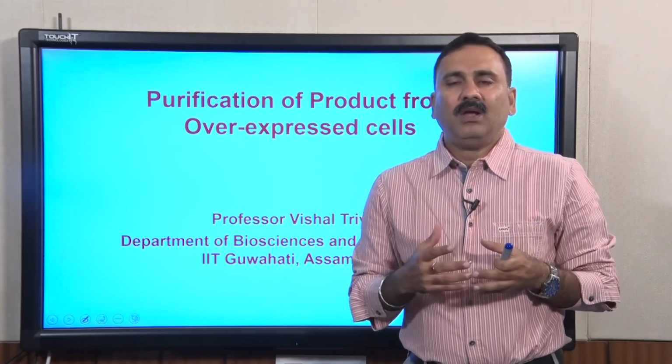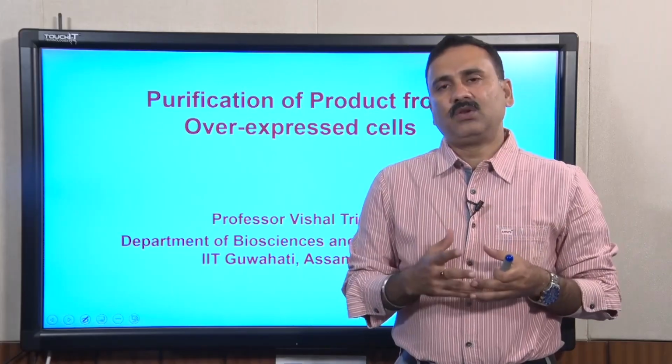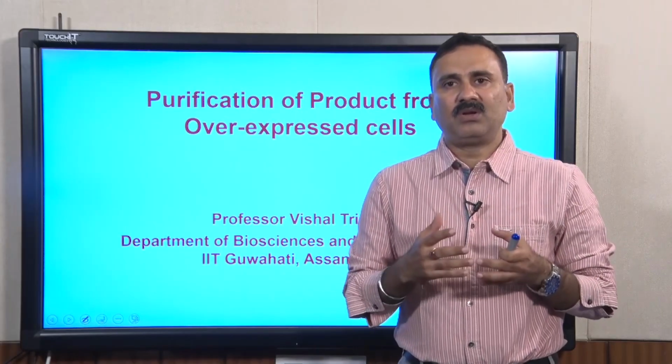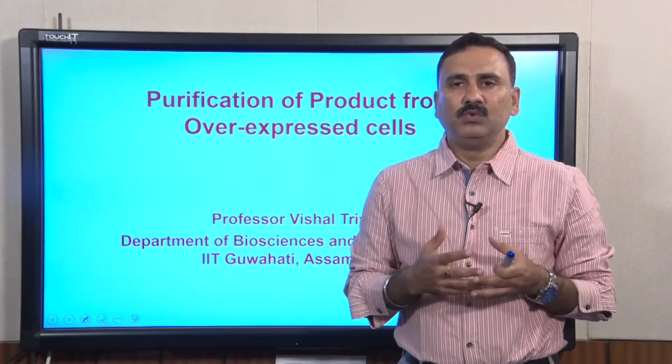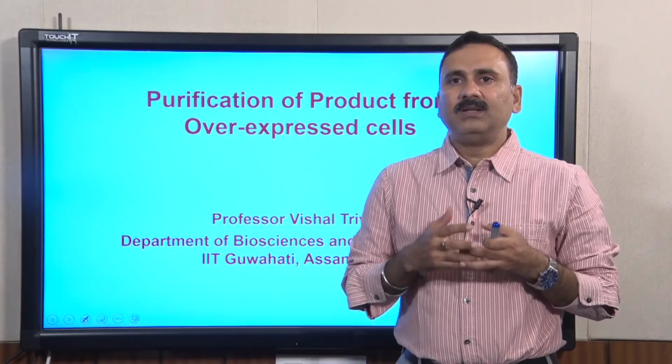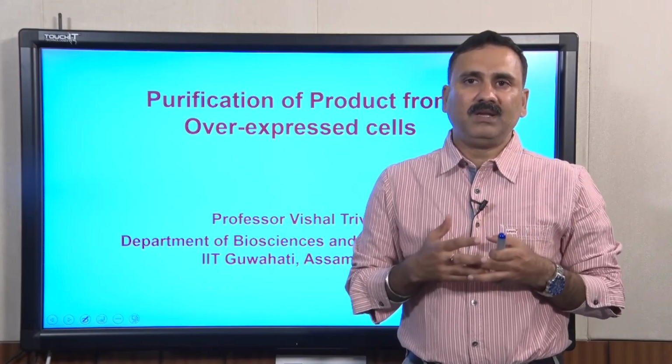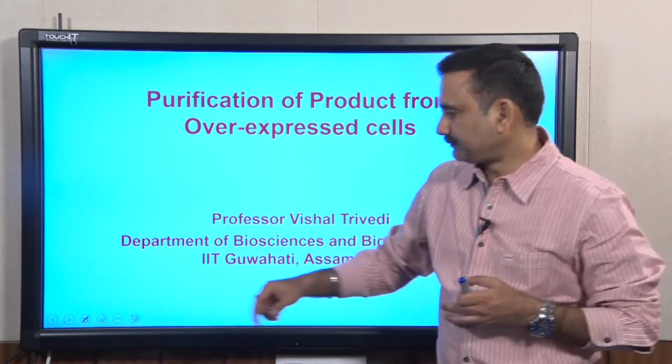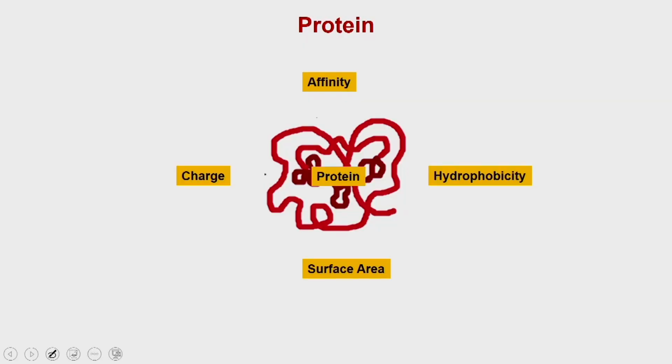So, in this series, before we get into the details of the chromatography techniques or chromatography approaches you can use to purify proteins, let us see what the different properties present in protein molecules are. You can imagine that this is a 3-dimensional protein.